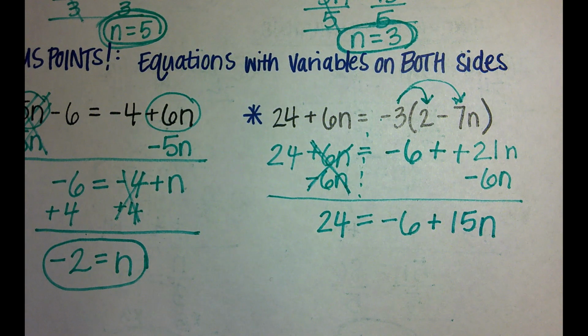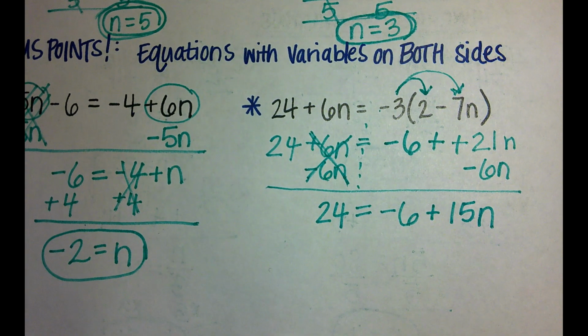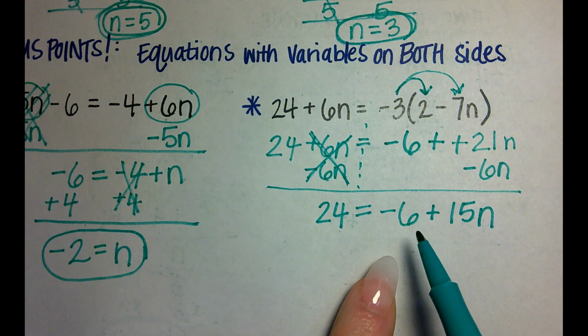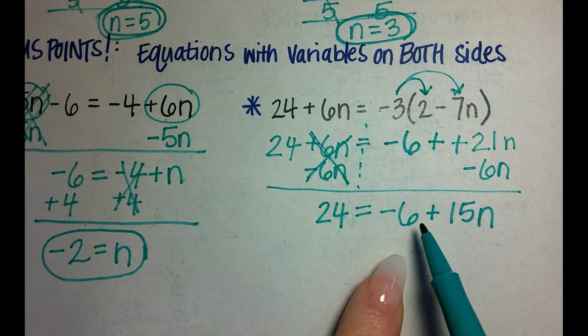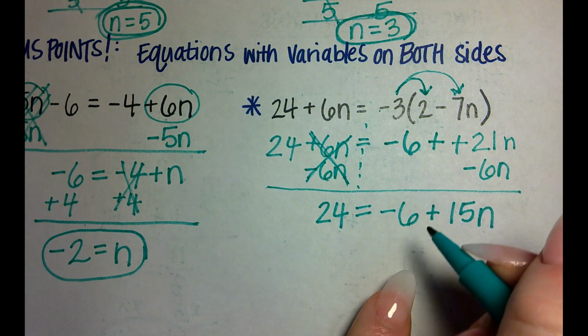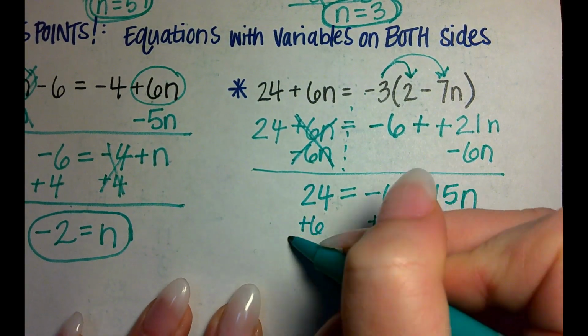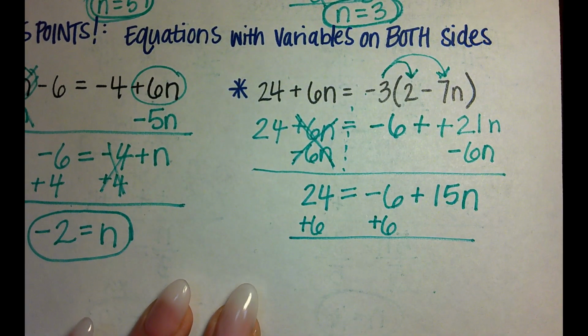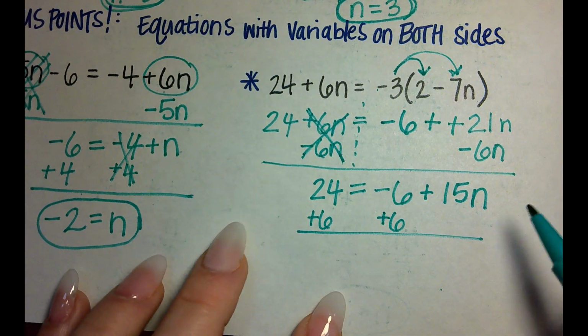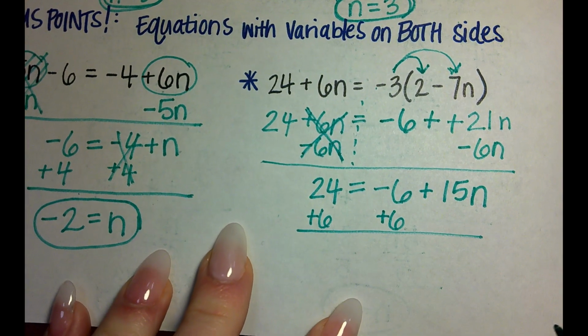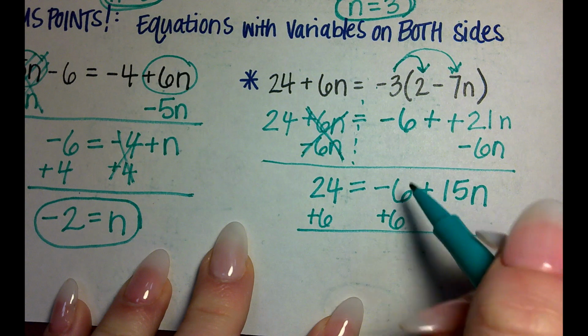Okay, now what do I do? You take -6 on 24. So yes, we have -6 here. You gotta add 6. So yes, we need to do the opposite. Plus 6, plus 6. Okay. What happens next? The 6's canceled. Good.